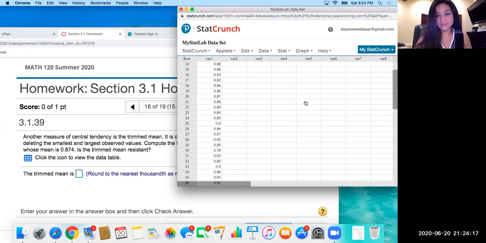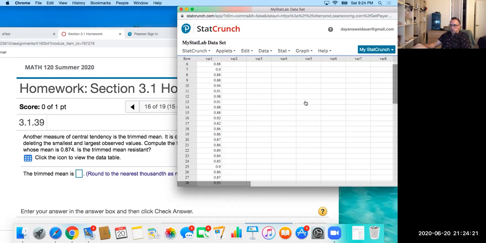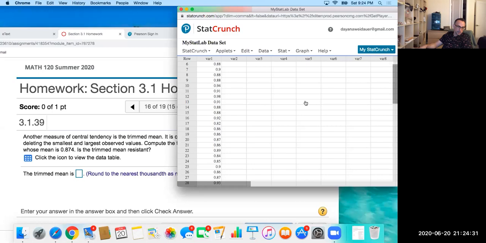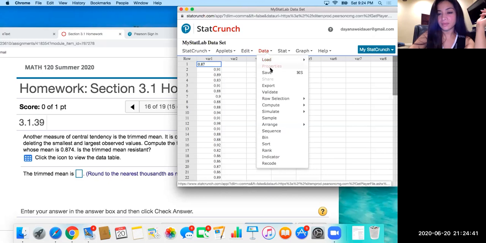Oh my goodness gracious. Okay, so I'll teach you. I see your issue. You want to find the largest and smallest value, right? And you're seeing that's hard because the data needs to be in order. If it's in order, that'd be easy. So just put it in order. Where would you go to put it in order? Data. Sort.